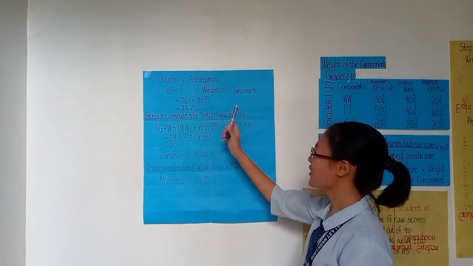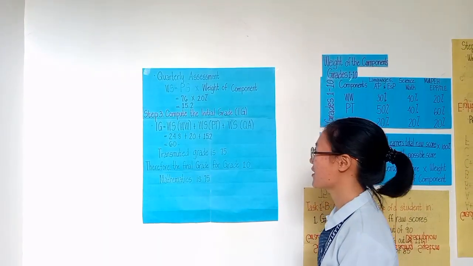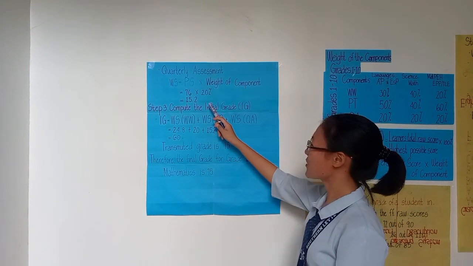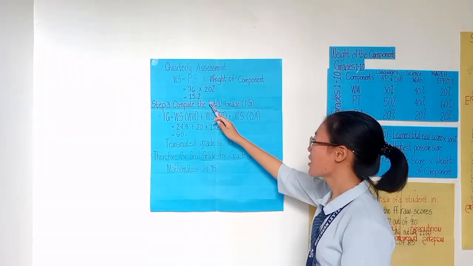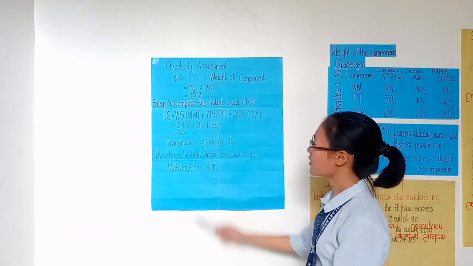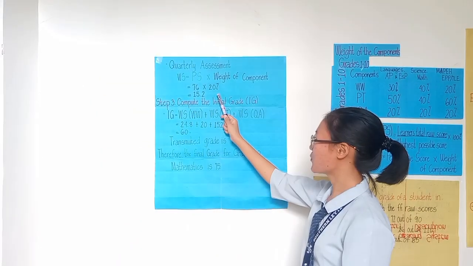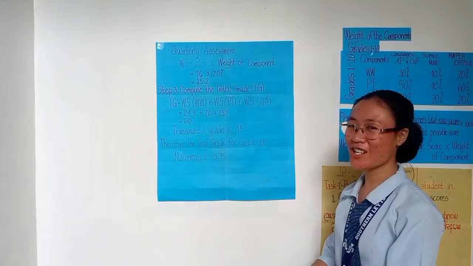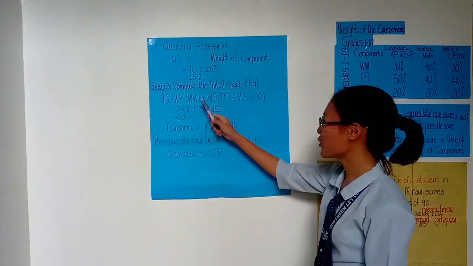So we have here the quarterly assessment. We have the same process: the percentage score, 76, times weight of component, 20%. 76 times 20% equals 15.2. So we are now in step 3 to compute the initial grade.